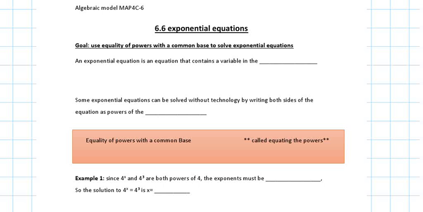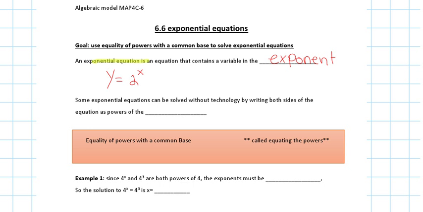It's an equation that contains a variable in the exponent. An example would be y equals 2 to the power of x. So you see in this case, my exponent is the variable.